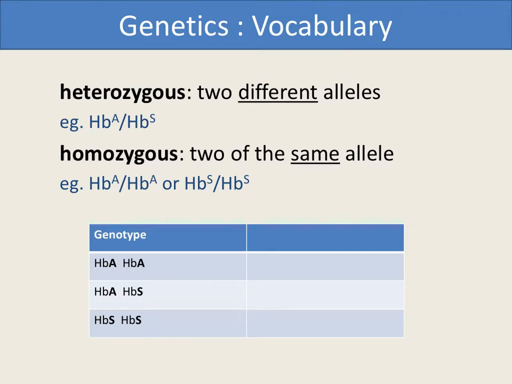So, we talked about this a long time ago. Genotype and phenotype. So, for our purposes, we'll say if you're HbA genotype, you have normal red blood cells.